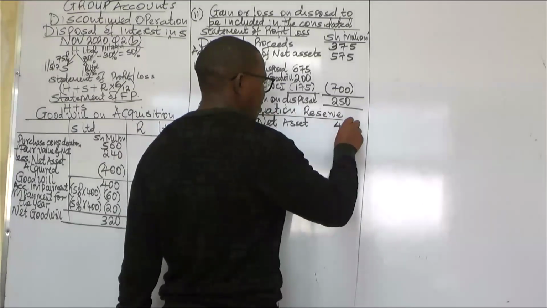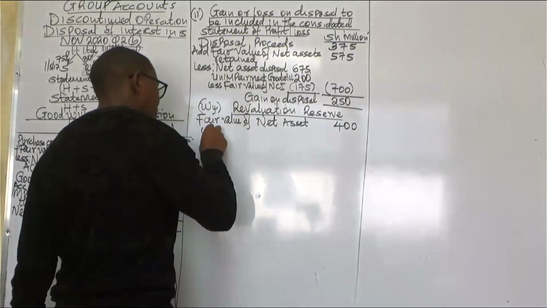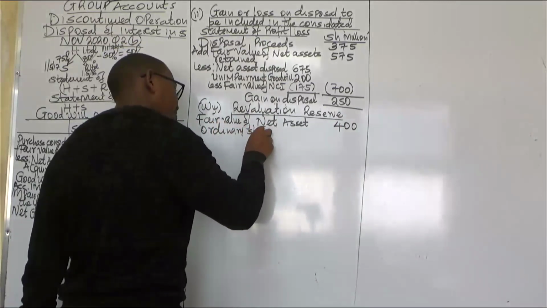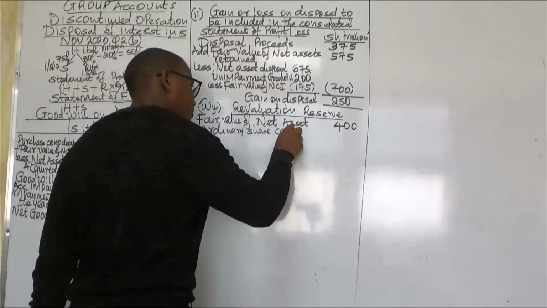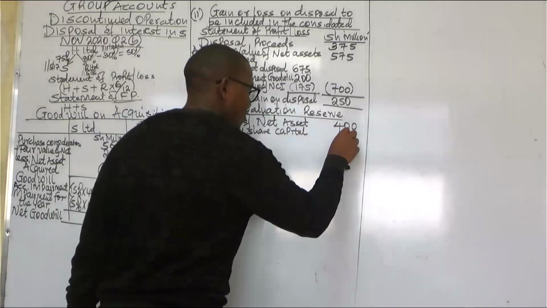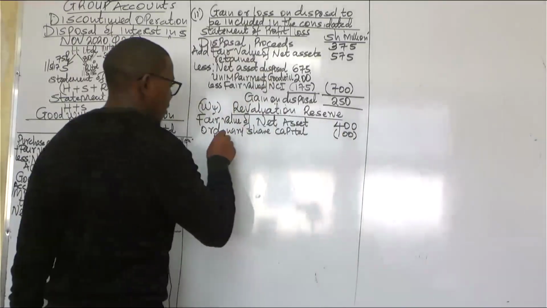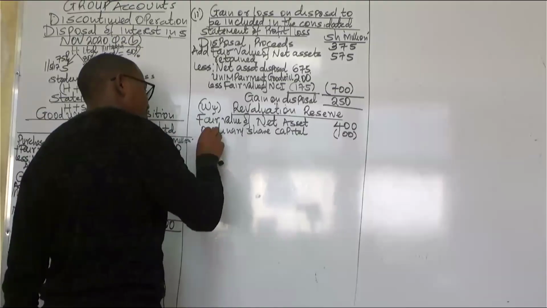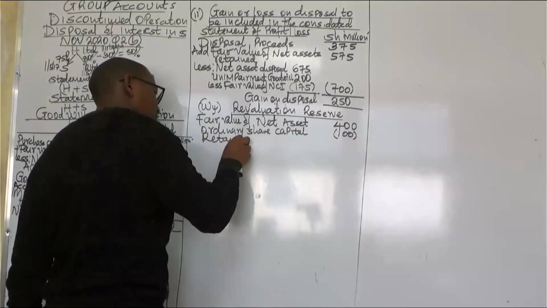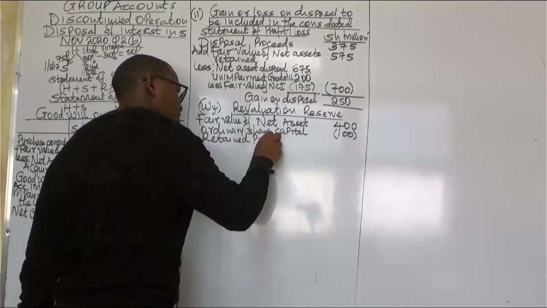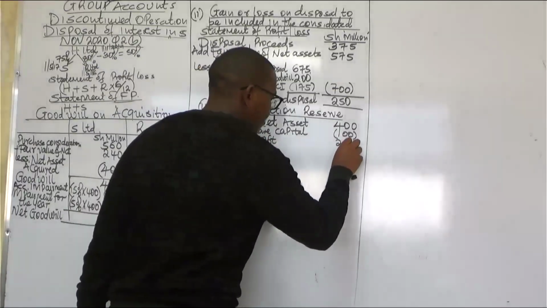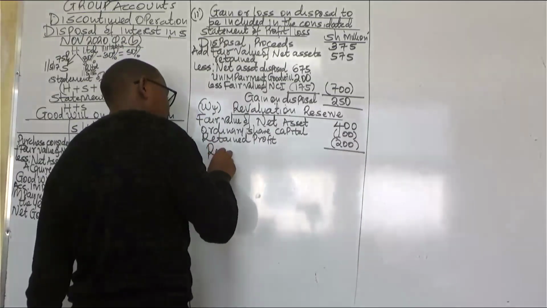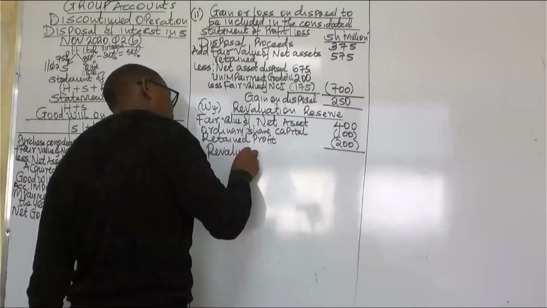So if I less the ordinary share capital, which was 100, and also less the retained profits of 200, what I retain here is the revaluation reserve.